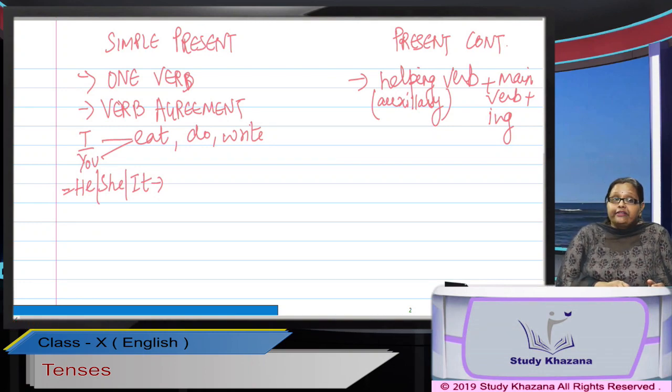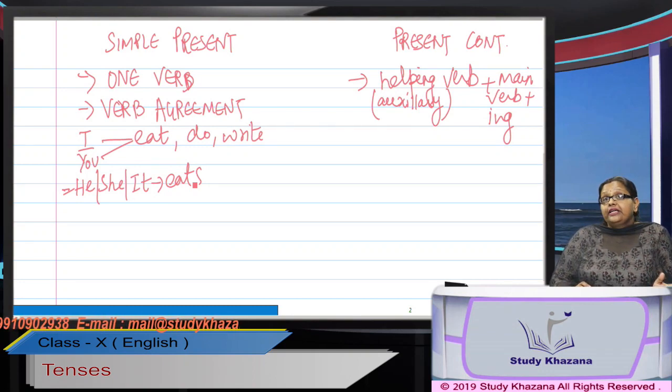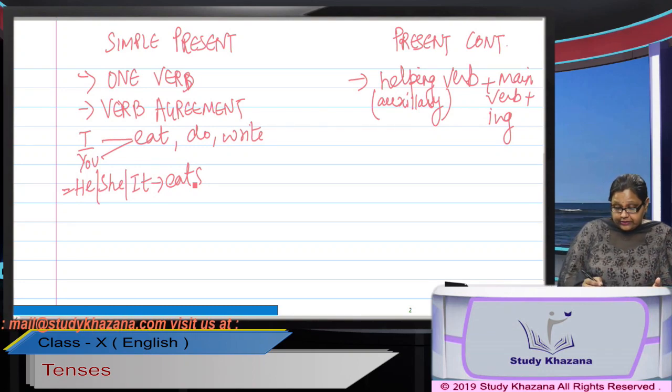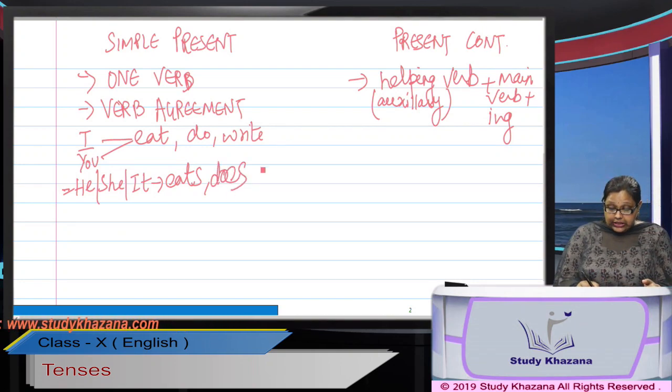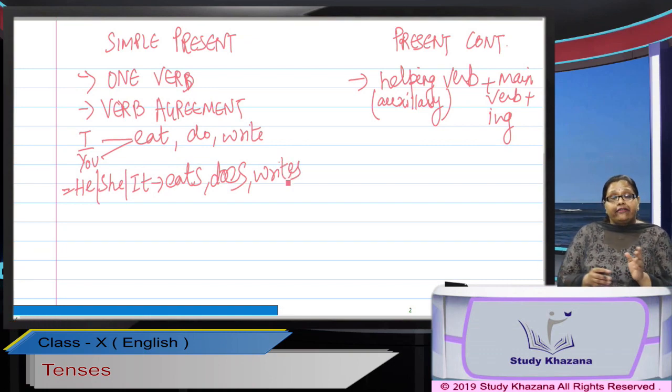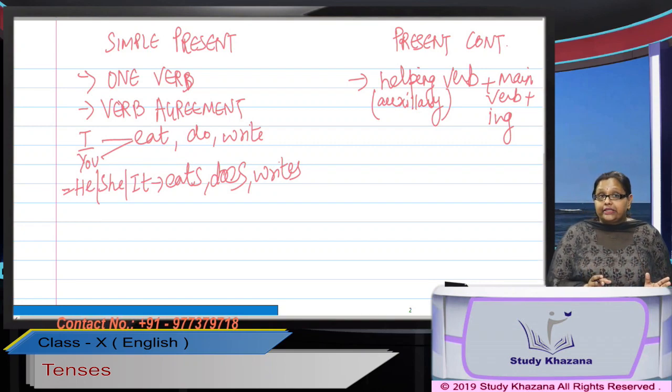So when we are using it with third person singular, the verb will change into eats. We will never say he eat. We always say he eats or she eats. Same happens with do. Do becomes does. Write becomes writes. And for every verb, this rule is applicable only in simple present tense.